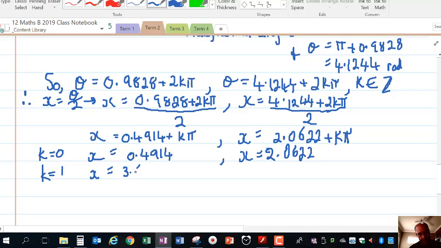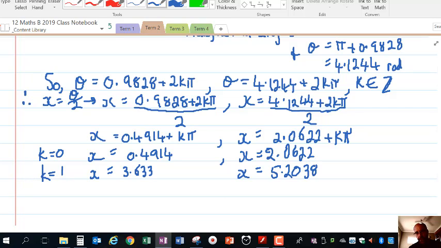So I'm not going to write the whole calculation down just to save a bit of time in the video, but you probably should. So we just got to add pi onto 2.0622 and we get 5.2038.